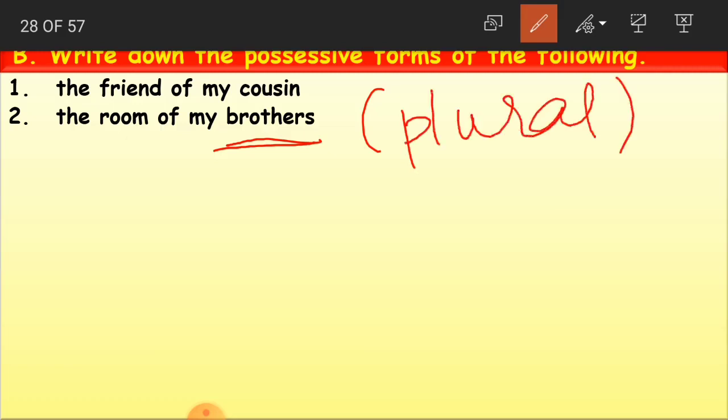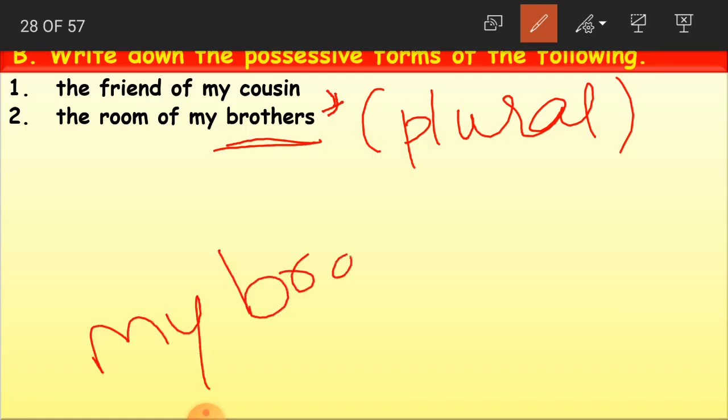So when it is in plural form, what do we have to do? We have to add the apostrophe after s. Clear? Okay. The room of my brothers, how will it become? When we want to write it in possessive form, it becomes like this: my brothers' room.